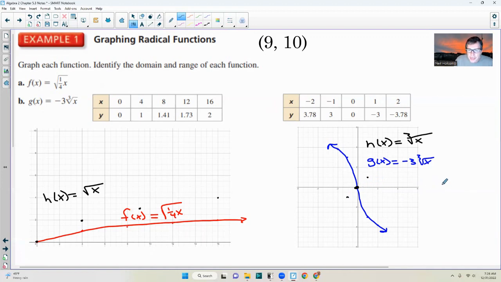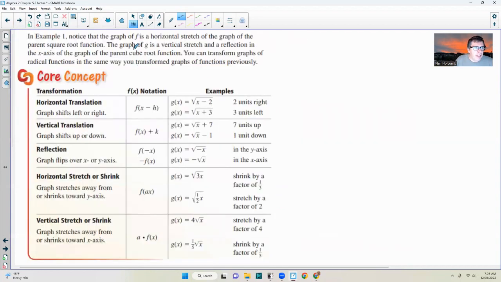The cube root of 8 is 2. So 8 would be out here at 2, and -8 would be down here at -2. So this is going to curve and go like so. So this one is reflected and stretched. As it says here, the graph of g is a vertical stretch and a reflection in the x-axis of the graph of the parent cube root function.